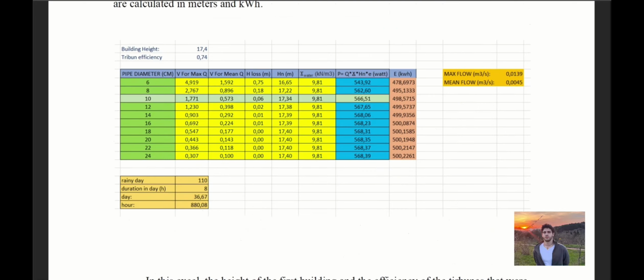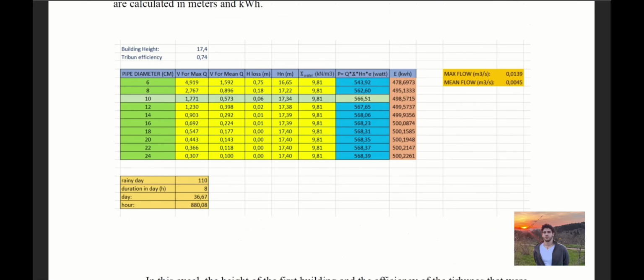And then we found the Hn. Actually, our building height is 70.4, but because of H losses, we need to calculate the net height of our building.